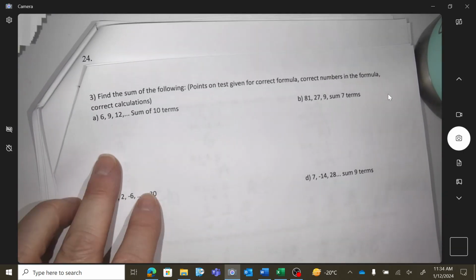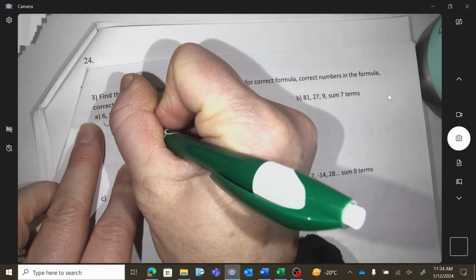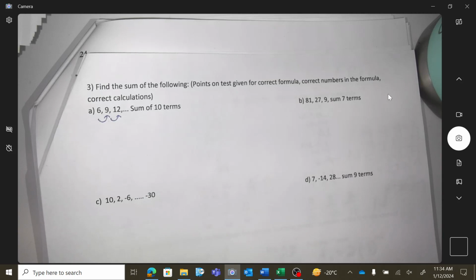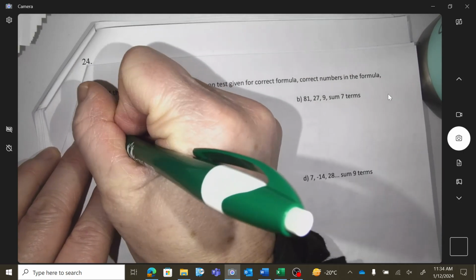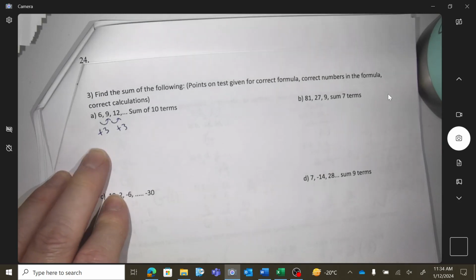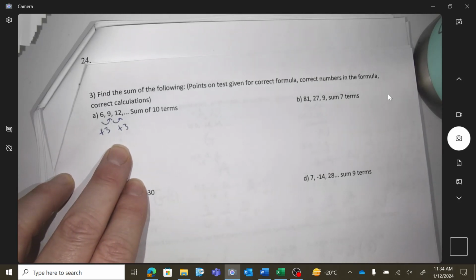So always ask yourself, what's the pattern? Do you have a pattern that's consistent on number A? Looks to me like I'm doing add 3, add 3, add 3. Okay, so this is arithmetic.